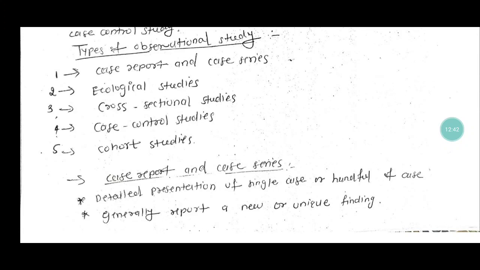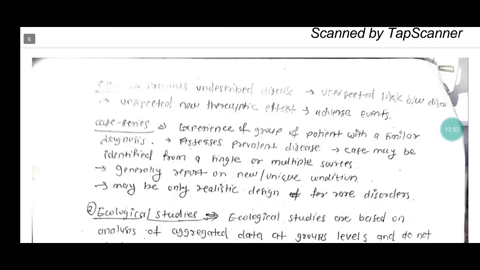So a detailed presentation of a single case or a handful of cases. Generally the report of a new or unique finding, for example a previously undescribed disease, an unexpected link between diseases, an unexpected new therapeutic effect, or where an adverse event occurs.